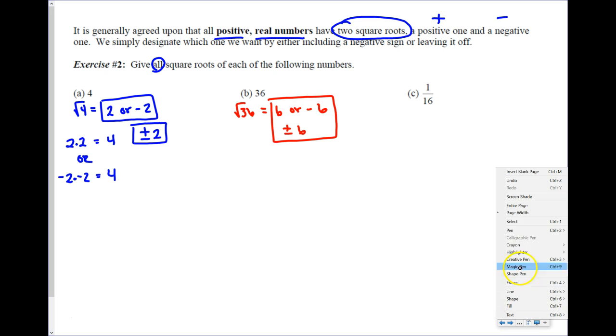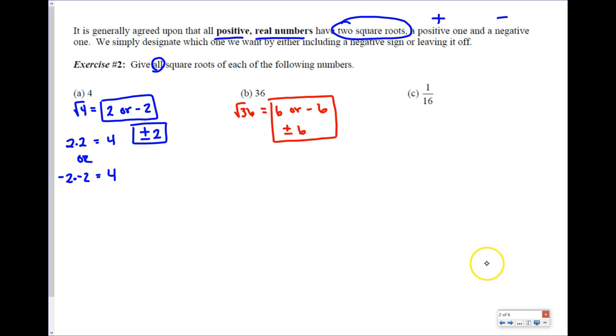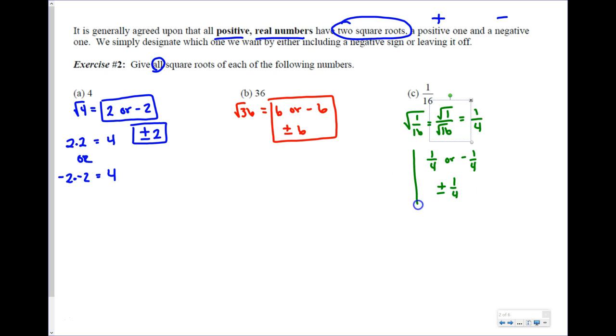And the square root of 1 over 16. Again, I like to do this where I put the square roots on both and get 1 over 4. So my square roots are 1/4 or negative 1/4, or you can say plus or minus 1 over 4.